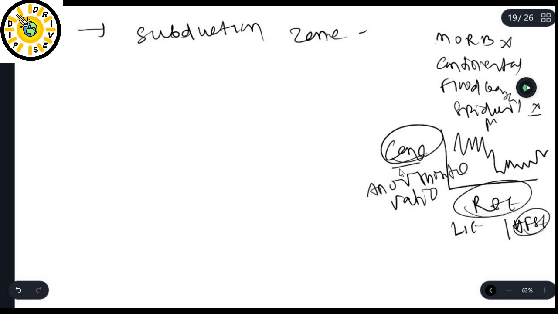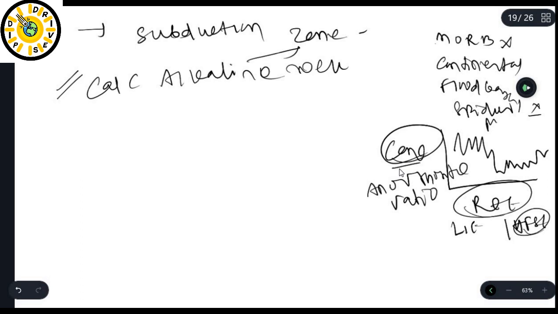But don't worry. In the subduction zone, I already stated that calc-alkaline rocks will be the characteristic of the subduction zone. In question number 40 I explained in detail why calc-alkaline rock will be the characteristic of the subduction zone.